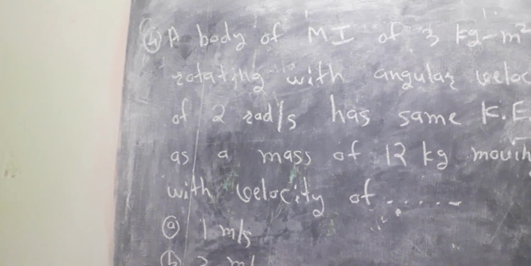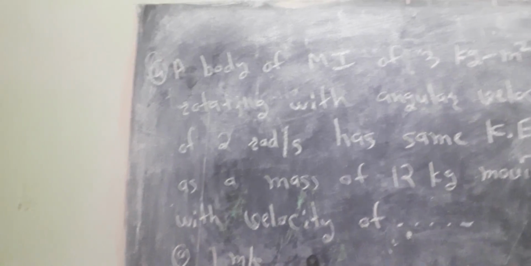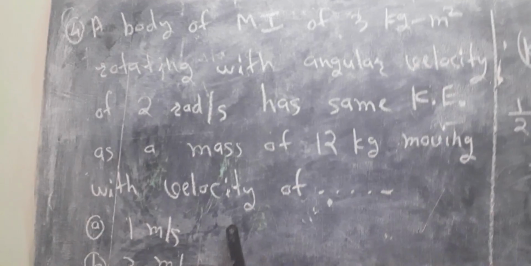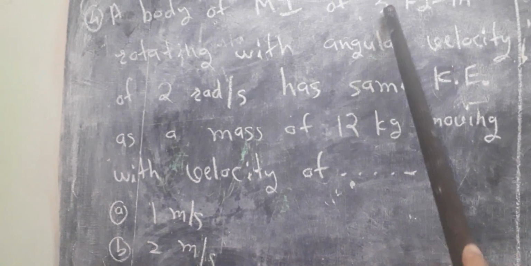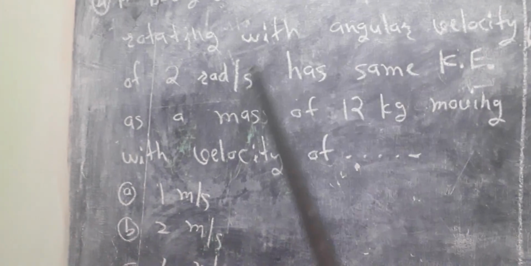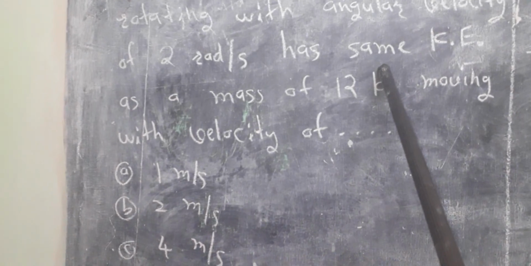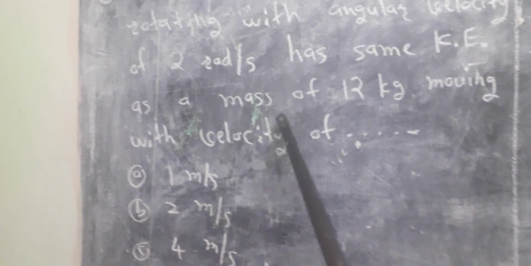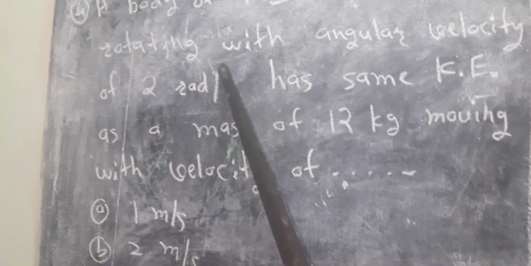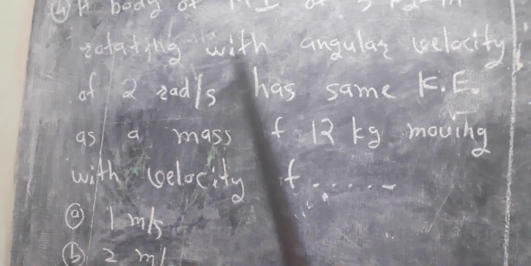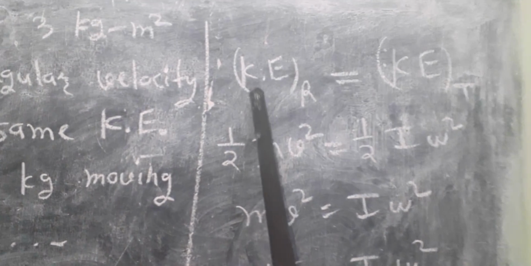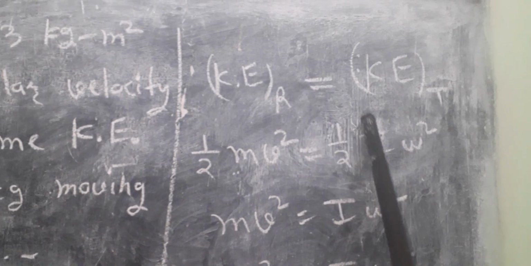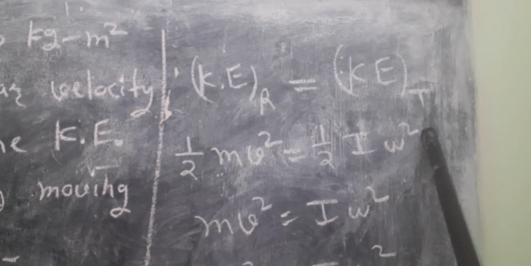So we want to find out the value of v in the case of kinetic energy, and we are given the moment of inertia of this body and omega. It has the same kinetic energy, so we can say that the rotational kinetic energy of the body is equal to the kinetic energy in translational motion.